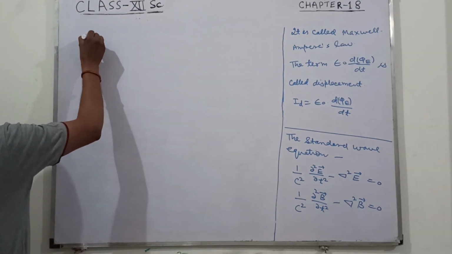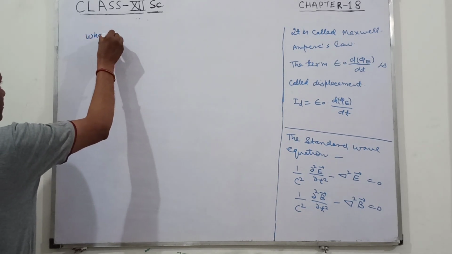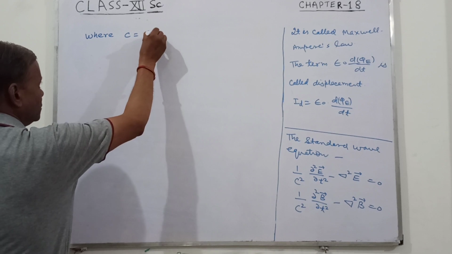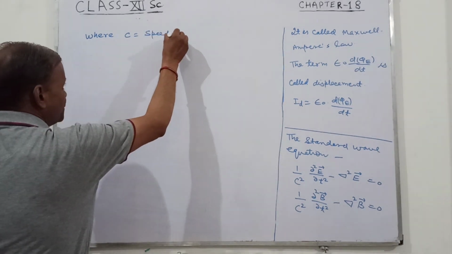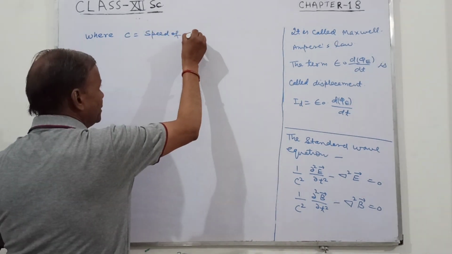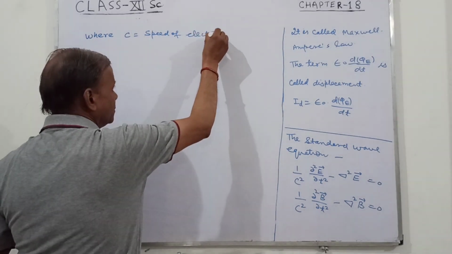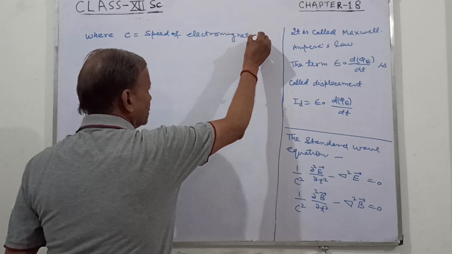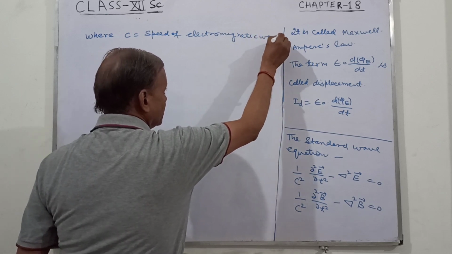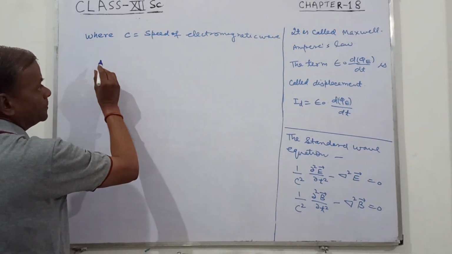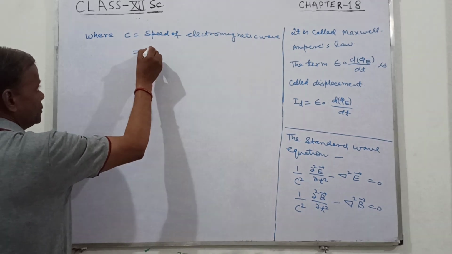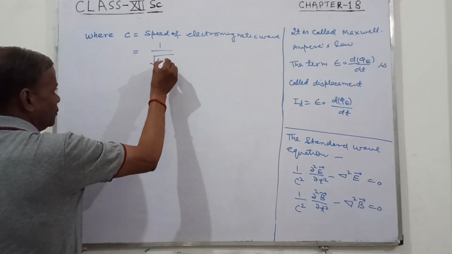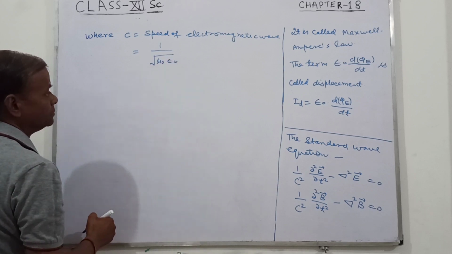Where c is the speed of electromagnetic wave, and this is equal to 1 upon the square root of mu naught epsilon naught.